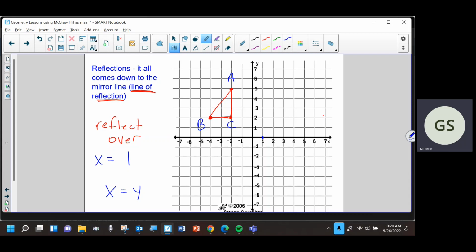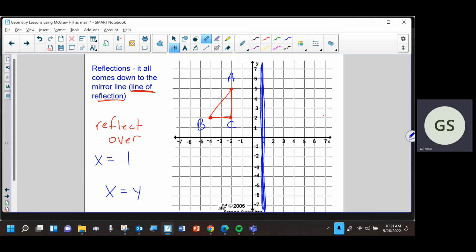Well, the only way to do that, if you remember back in algebra, this line right here is the line where X is always 1. So X equals 1 is actually a vertical line, which can be confusing because you're used to the Y-axis being vertical, but now X equals 1 is a vertical line. So that is your reflection line now.